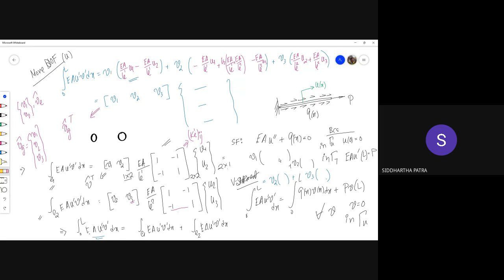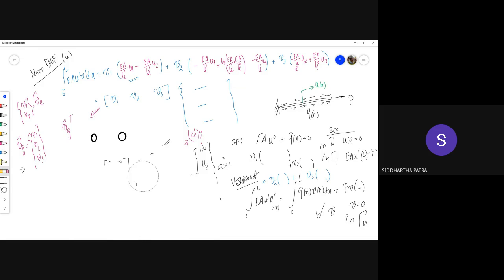Now we'll see how that notation is useful.